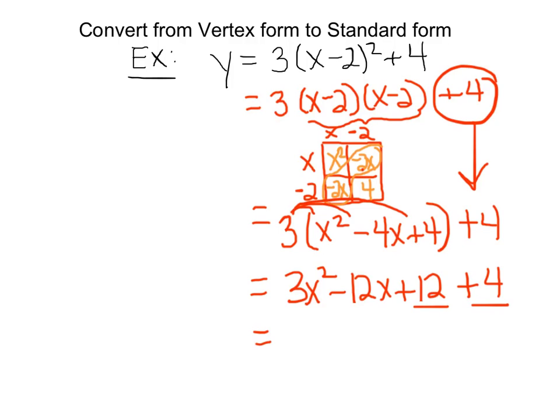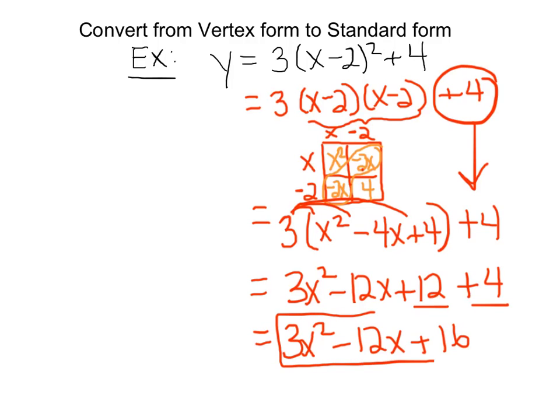So go ahead and finish cleaning it up: 3x squared minus 12x plus 16. And you're done. Here is your answer, because now we have converted it into y equals 3x squared minus 12x plus 16. I probably should have boxed in this y here too.